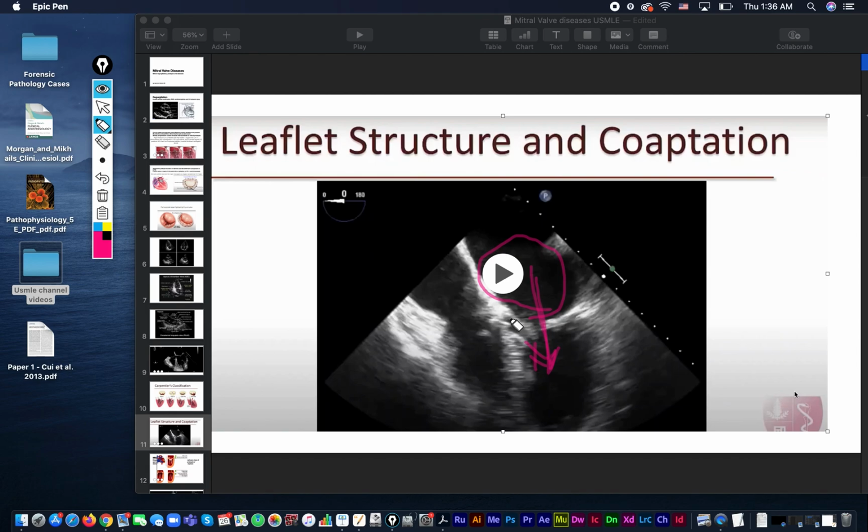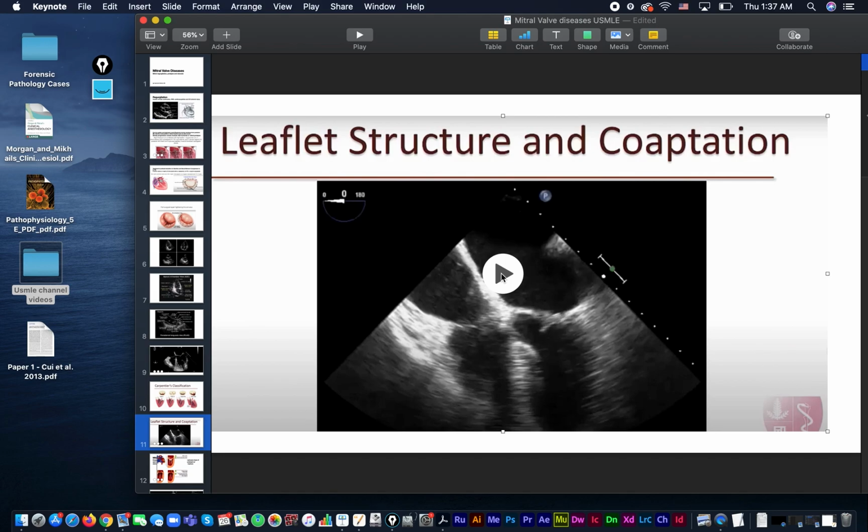It doesn't need to wait for the leaflets to open because they're so floppy that as the blood fills, it just goes right in. That doesn't mean you're going to get good cardiac output because you've got the papillary muscle rupture. So these could go on an excursion here. They're not going to be nice and taut. They're not going to close. And we know it's diastole.